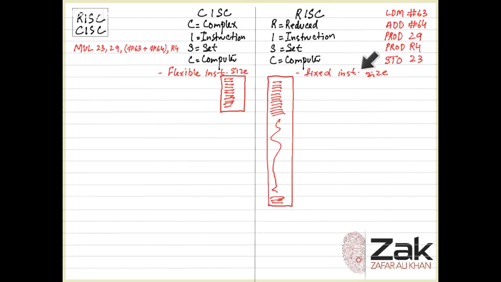So the size of the instruction is fixed. Remember the word size from AS. If it is a 32-bit computer, you have opcode and operand. For opcode you have got 20 bits, and for operand you have got 12 bits out of the 32-bit register. It is a ratio of 5 to 3.